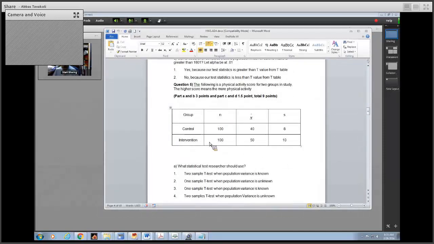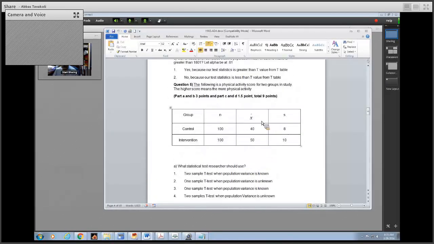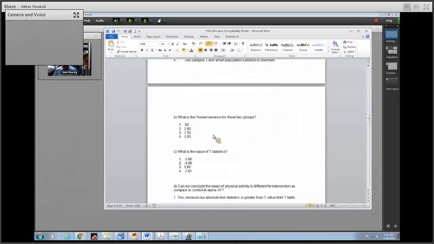So remember, when the population variance is unknown, then you use the T statistic. There is an example on page 17 of your handout. Again, you can use that to calculate the T statistic and do the hypothesis test.